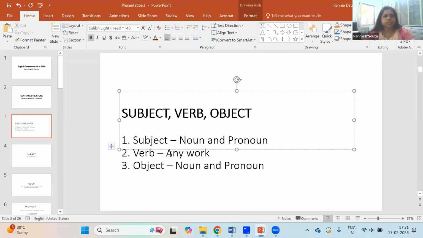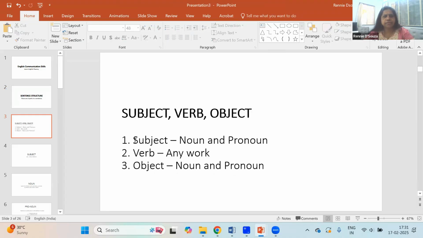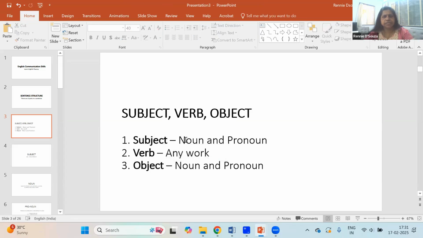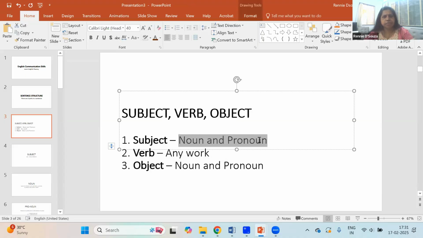And we understood what is subject? Subject is noun or pronoun. And we also understood what is verb? Verb is any work. And we understood what is object? Object is again noun, pronoun, adjective, adverb.